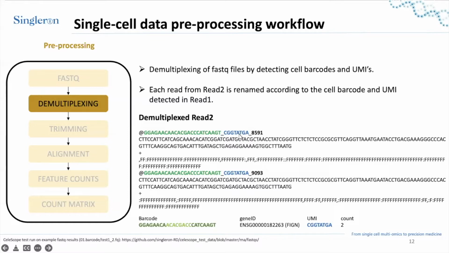So normally the UMI edit distance of 1 or the cell barcode edit distance of 1 are allowed, like a one nucleotide mismatch between the UMIs as well as cell barcode, to enable the tagging of the read to the correct UMI as well as the cell barcode.